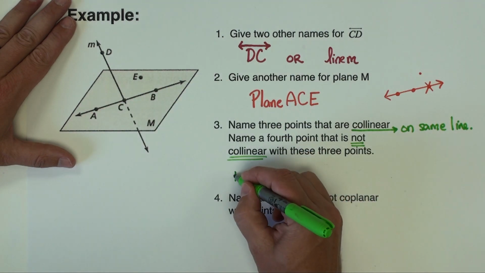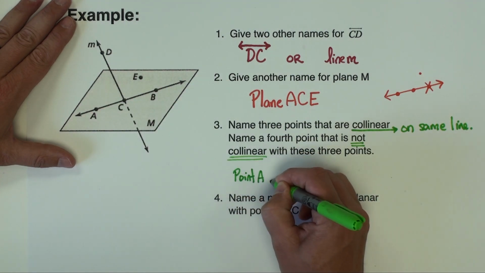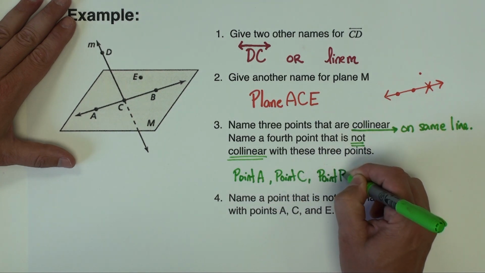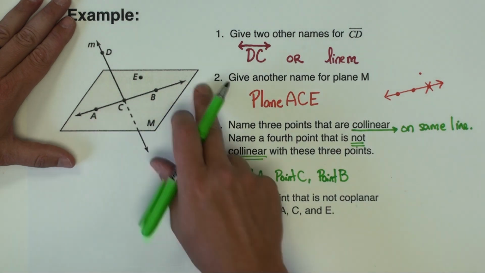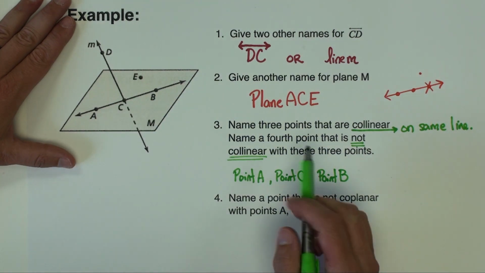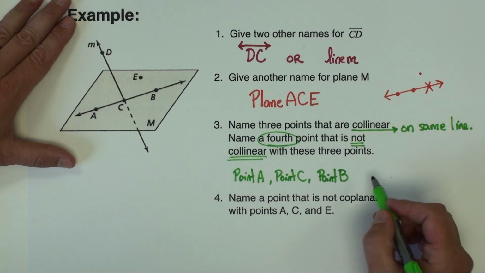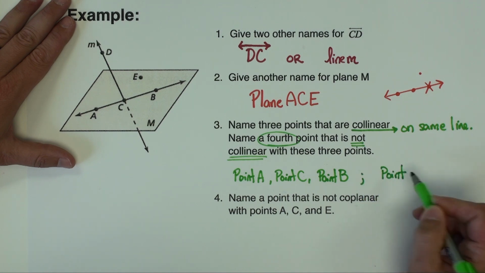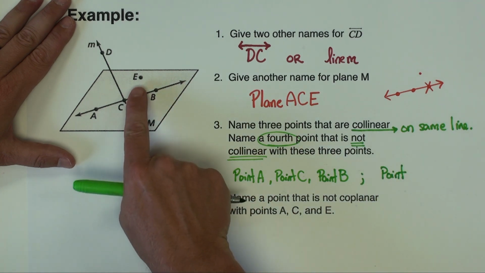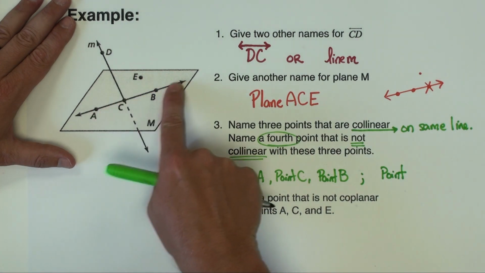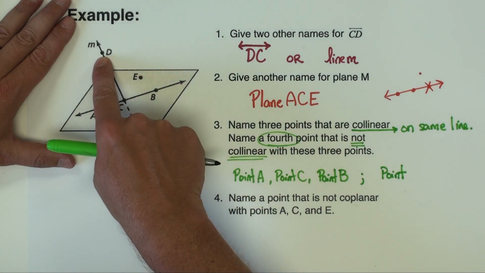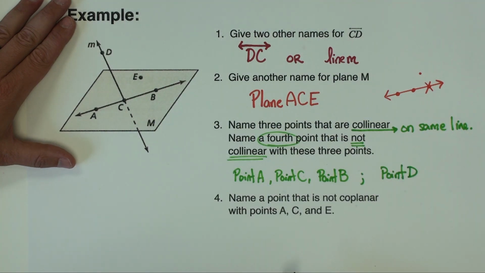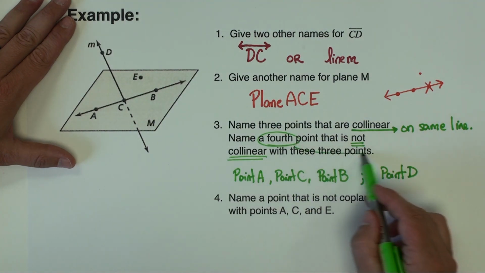So I would say point A, point C, and point B. Those 3 points are the collinear ones. Name a 4th point that is not collinear. I would say point, and now here we have options. I can choose E, because that's not on the line, or I could choose D, because that's clearly not on the line. Either of those 2 would be an appropriate choice for the 4th point.